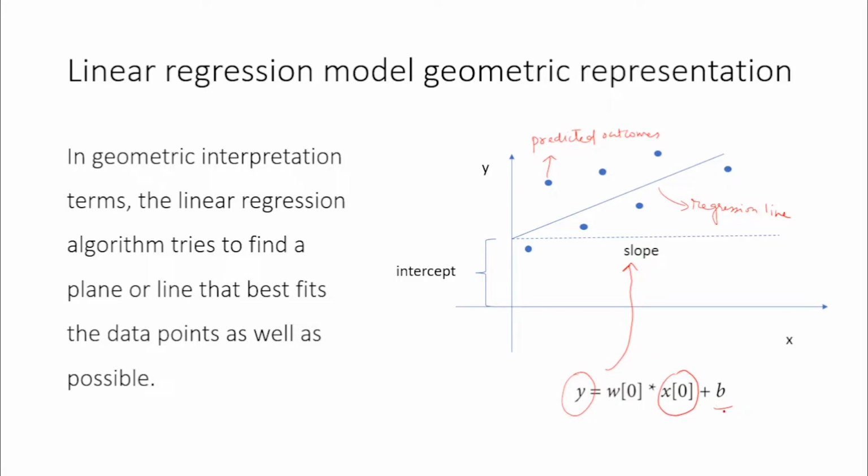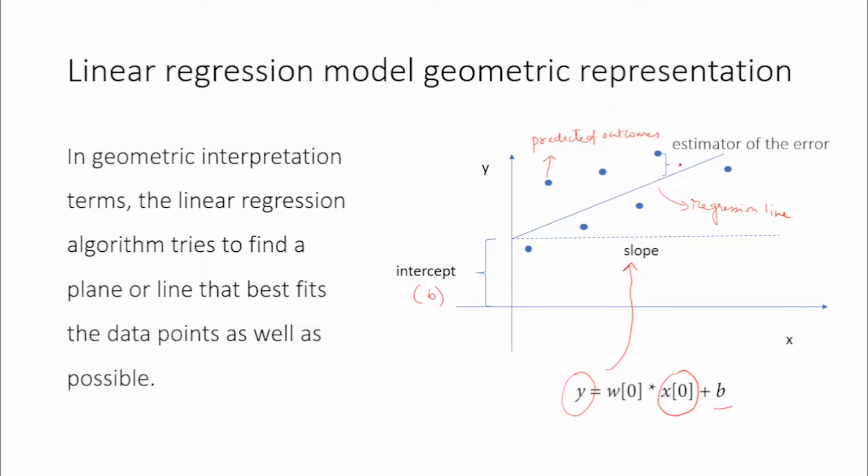So in this case, for this equation, our intercept will be b. All these points are the values which are predicted by our model. So this is the true value, and this is our value predicted by our model. The gap that we have is the error.